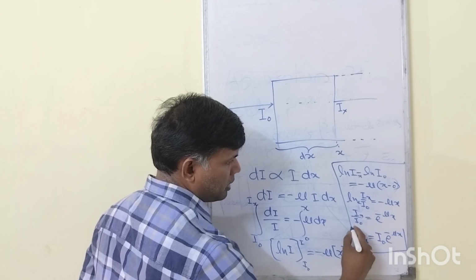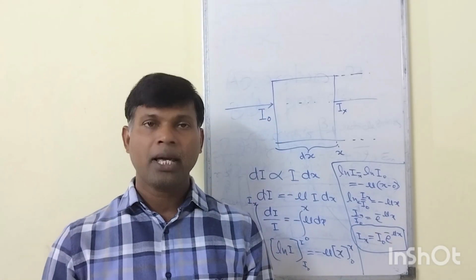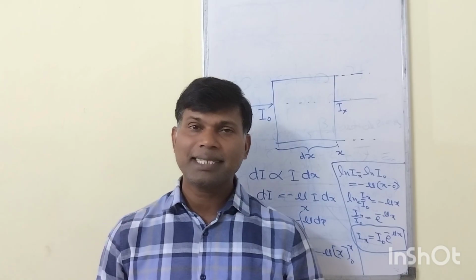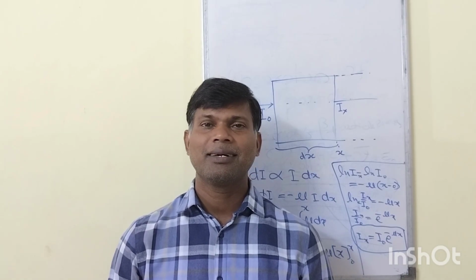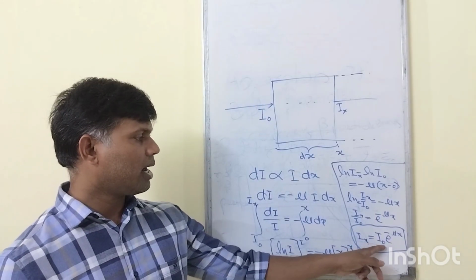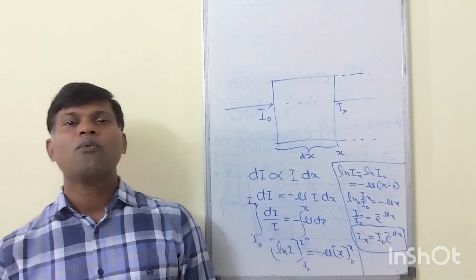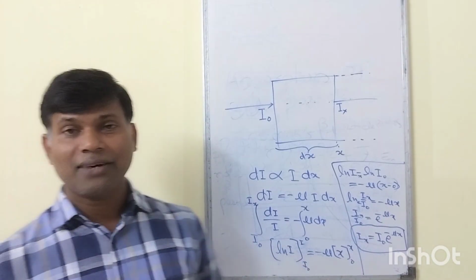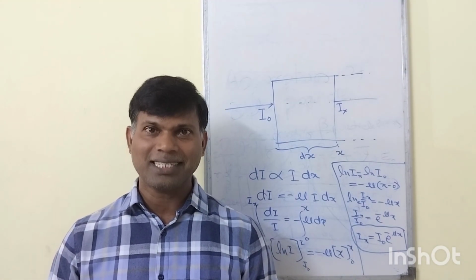So the intensity of gamma ray as it passes through the medium decreases exponentially. Ix is equal to I0 into e power minus mu x. This mu is a function of photoelectric effect, Compton effect and pair production, which we'll discuss later.